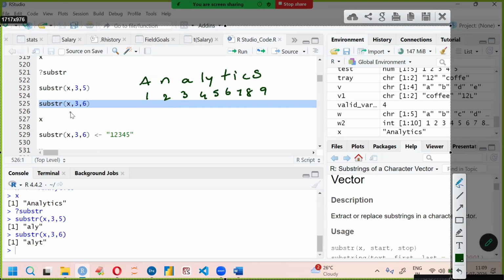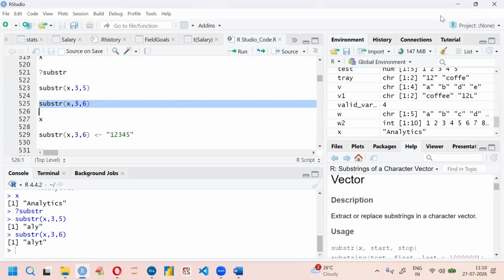We are specifically asking from the third index element to the sixth index element. This is the start and this is the end of the index. So the third index element is A, and we get A, L, Y, T, ending at 6.